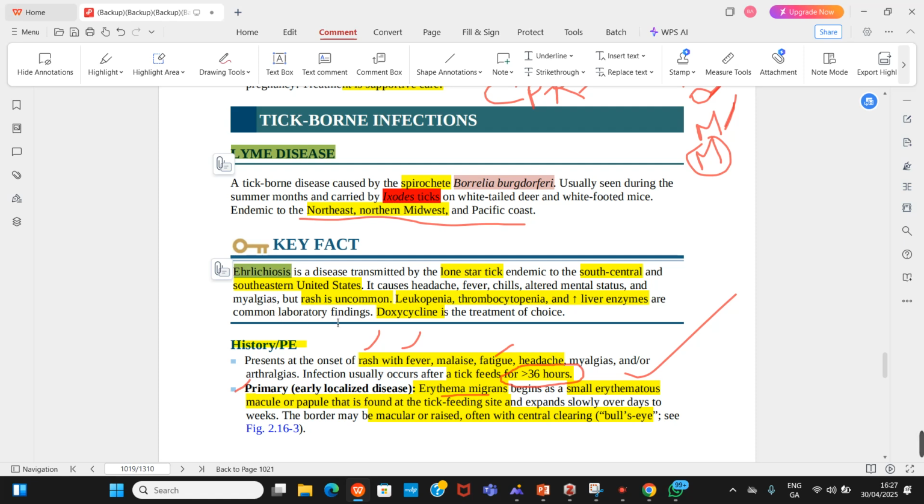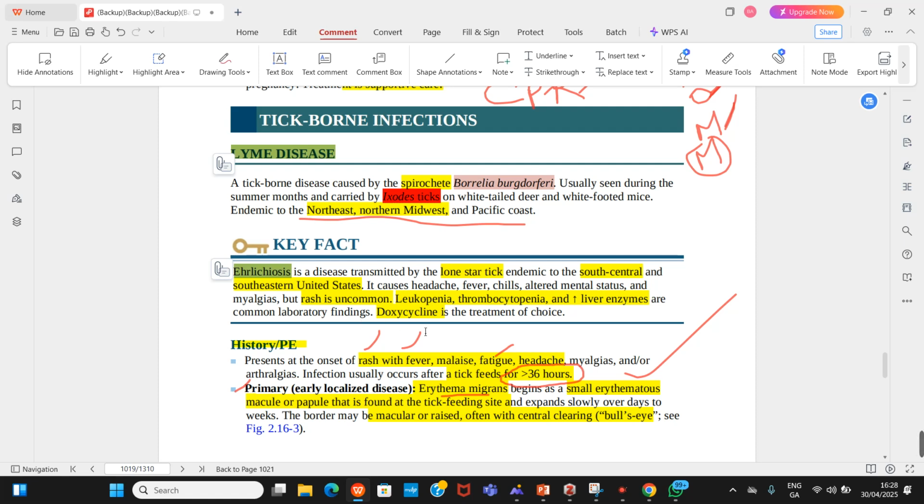So if you see the monocyte count higher than normal, and the person has constitutional symptoms like fever, headache, malaise, myalgia, or they show you a smear with a morula inside the monocyte, think about ehrlichiosis.